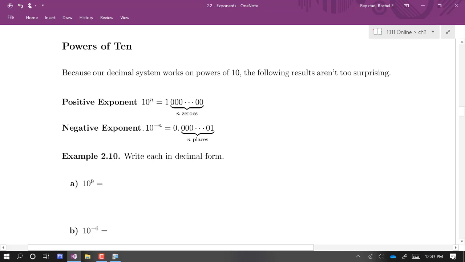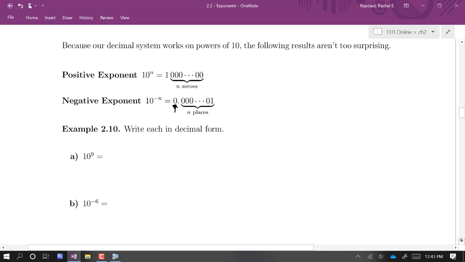If you want to still think of it as counting zeros, you can, as long as you count the 0 to the left of the decimal point. There's still n zeros there. So 10 to the 9th is 1, followed by 9 zeros. And 10 to the negative 6, I've got a total of 6 zeros if I count the 0 to the left.